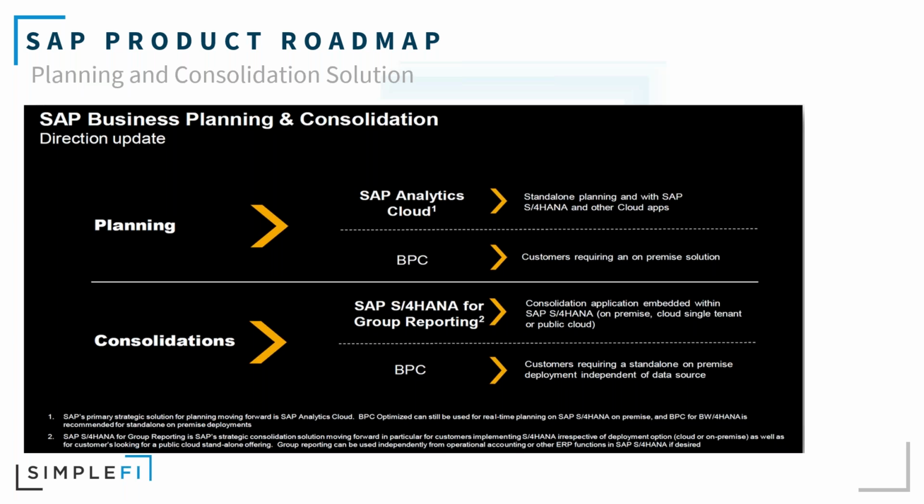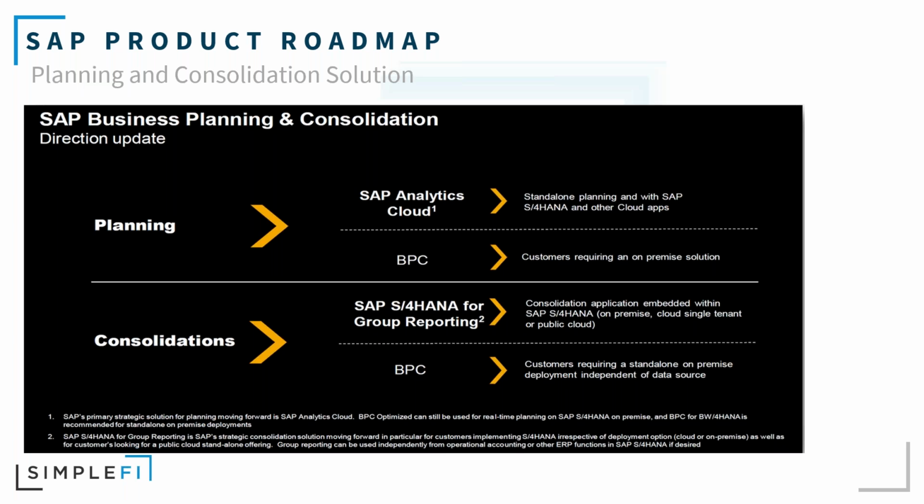On the consolidation side, on that S4HANA track, we also have group reporting that is embedded within the S4 layer, and BPC continues to be consolidations. I'll talk a little bit later, in one of the future slides, about SAC for consolidations as well.